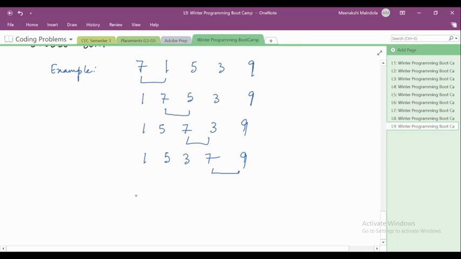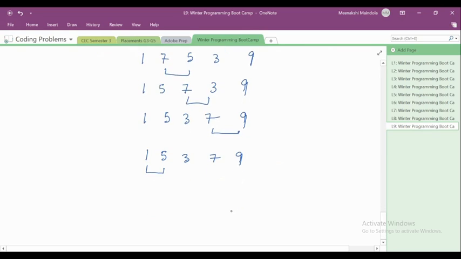Now, if you start off with the second pass, again you are going to compare, starting from the beginning, picking up two elements. So in the second pass, again you are comparing these two elements. You see that the lighter bubble is already at its correct position. So next you compare the next set of elements.